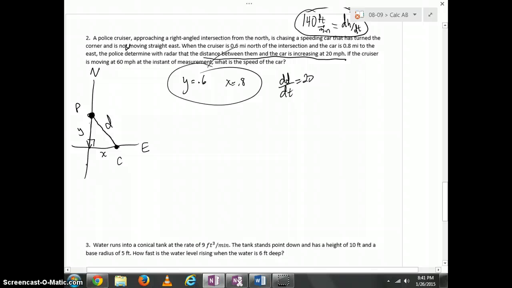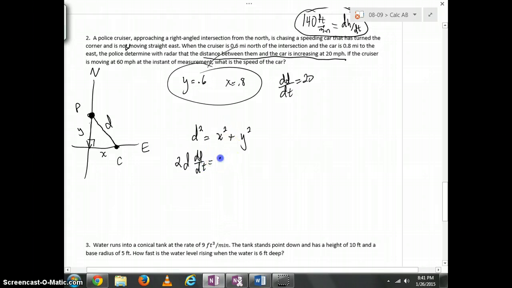And it says if the cruiser is moving at 60 miles per hour at the instant of measurement, what is the speed of the car? Well, I hope it's clear to everyone that we could use the Pythagorean theorem. We can say that d squared equals x squared plus y squared. And we can take derivatives. We'd get 2d, take our derivative, we'd get dD/dt.